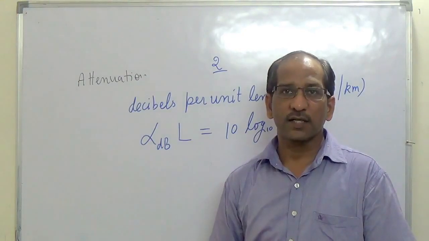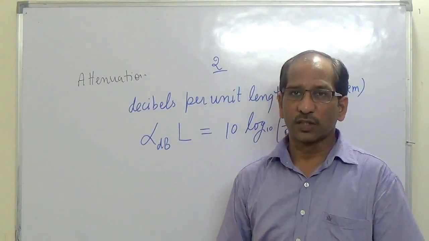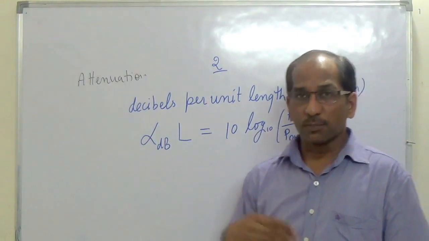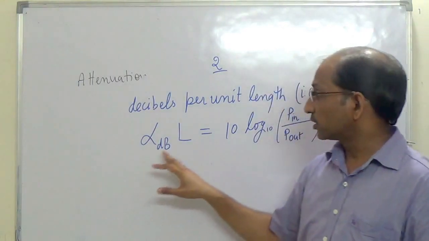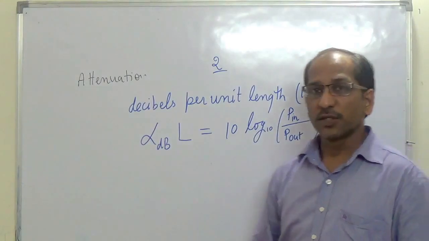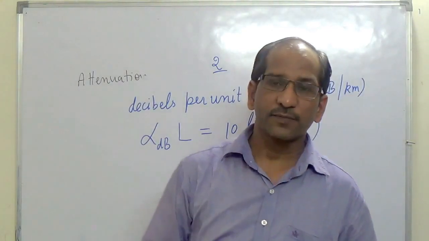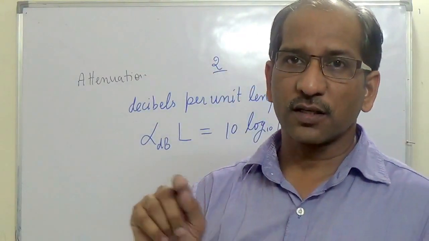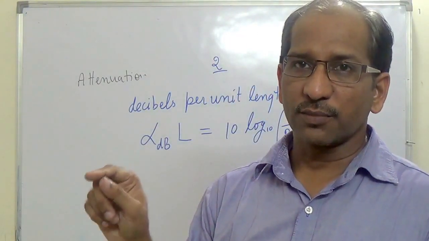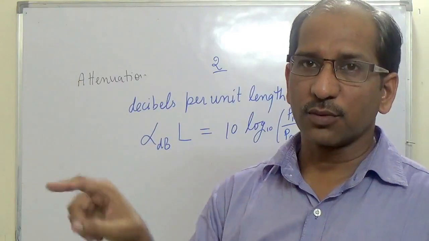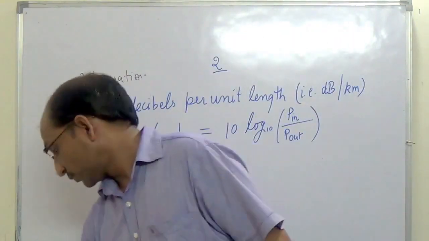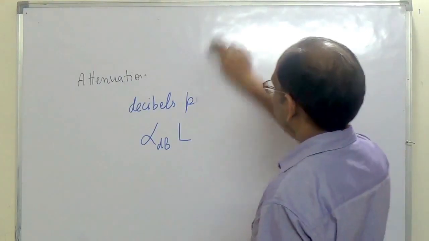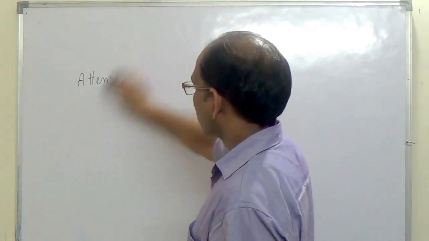Length is defined in terms of the kilometer. So loss of the signal per kilometer. So this is the second formula. In the first formula you have seen that decibel was equal to 10 log base 10 of P input upon P output. So we have these two formulae for the attenuation purpose.